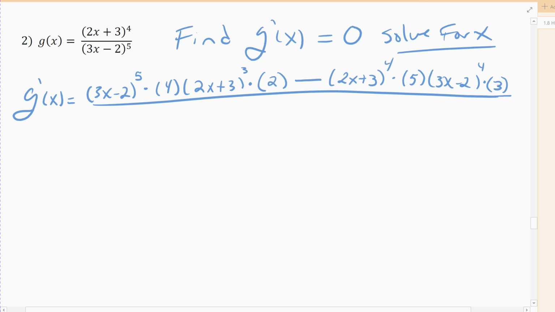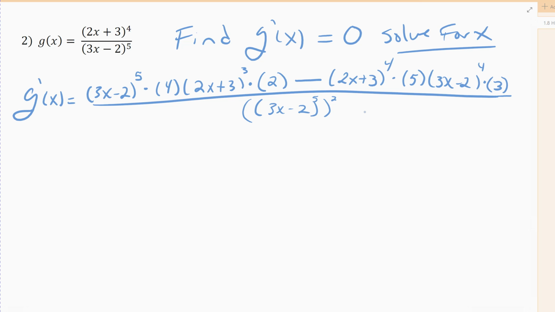I've got 3x minus 2, so the derivative of 3x is 3. That whole mess all over the low function squared. Alright, so my 3x minus 2 to the 5th squared, if I simplify that, is going to be 10.